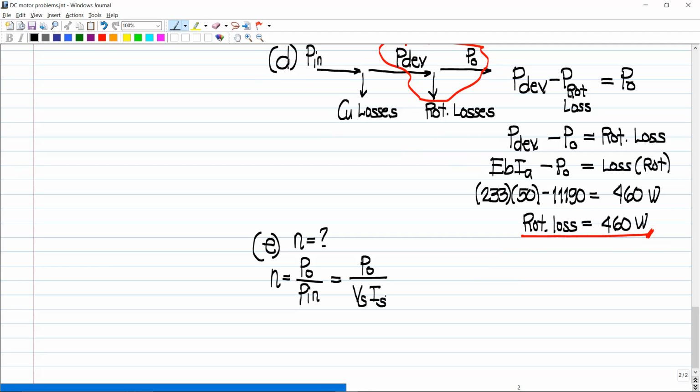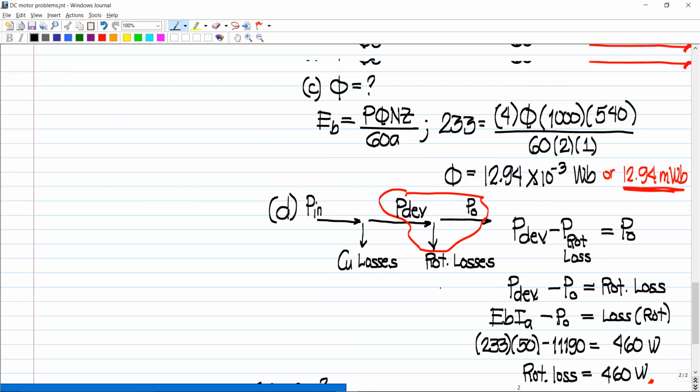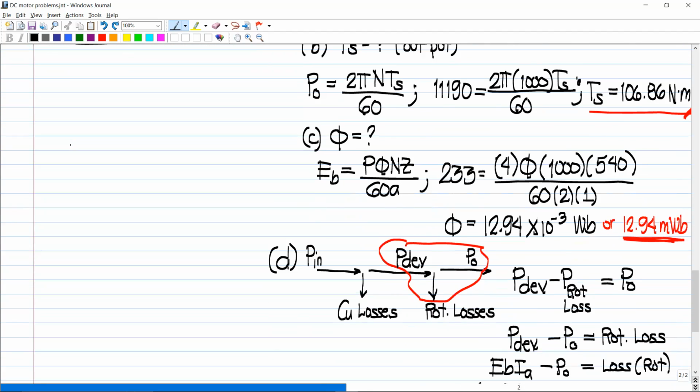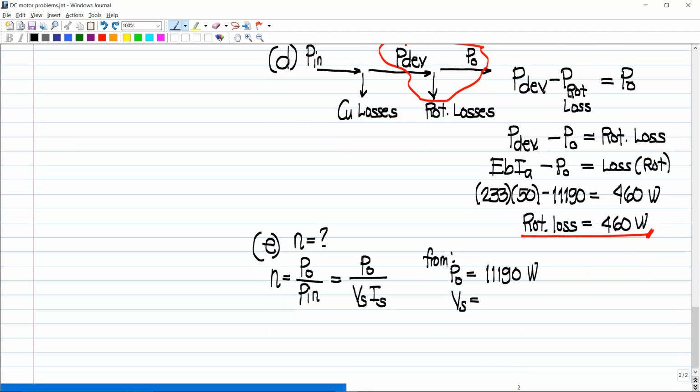In our DC formula, power is equal to voltage times current. Let us review our list: the output power is 11,190 watts. For the source voltage, to avoid mistakes, let us check our diagram: we have 240 source voltage, 50 armature current, and 1 shunt or field current. So VS is 240.